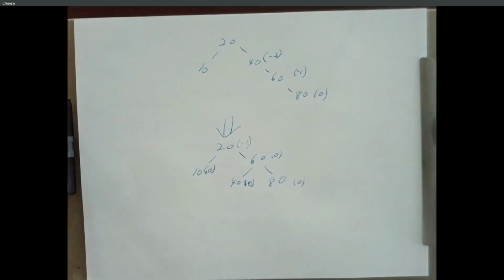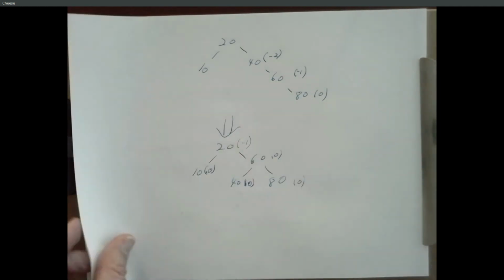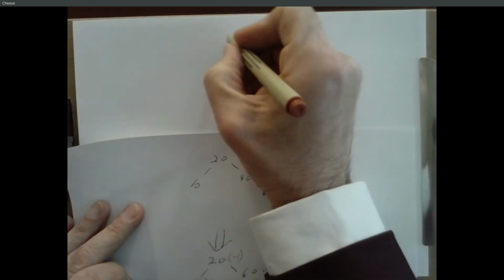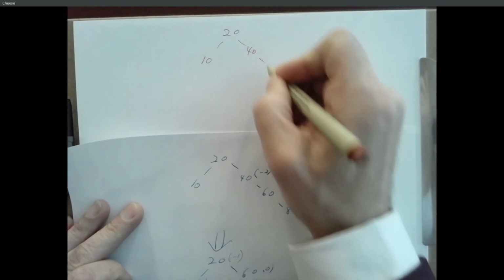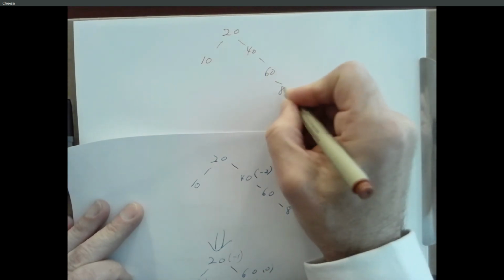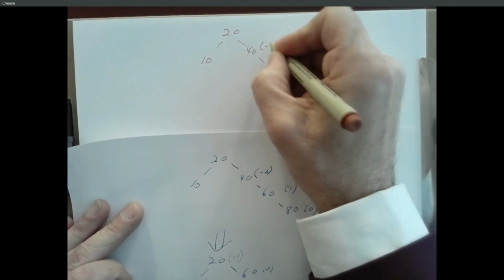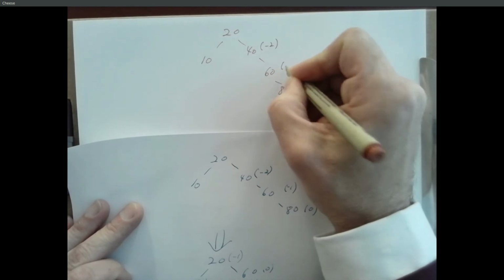So let's try this for this case up here and see if we actually end up with the tree that I claim we end up with. So let me put this back here. 20, 10, 40, 60, 80. And this was a balance factor of -2 and a balance factor of -1.